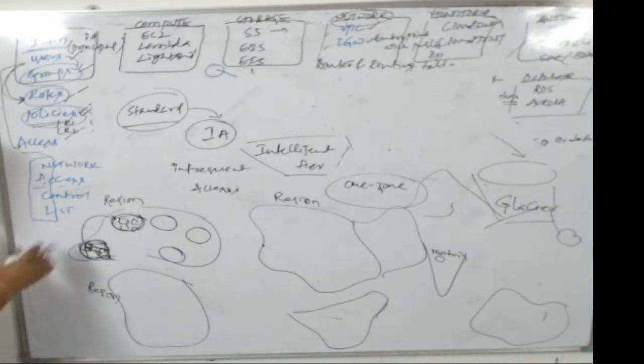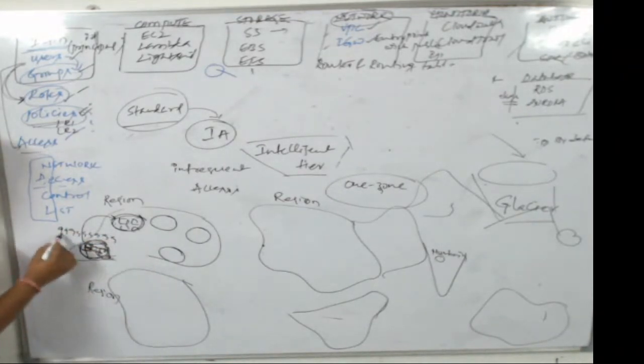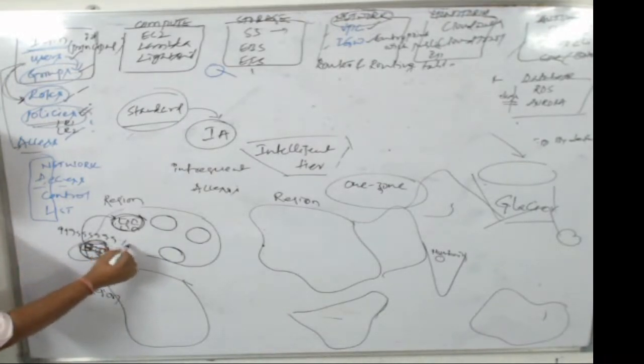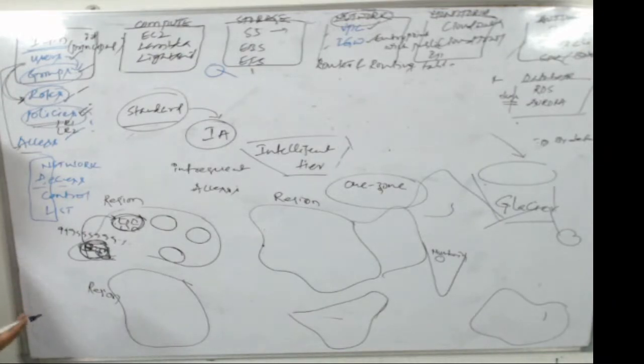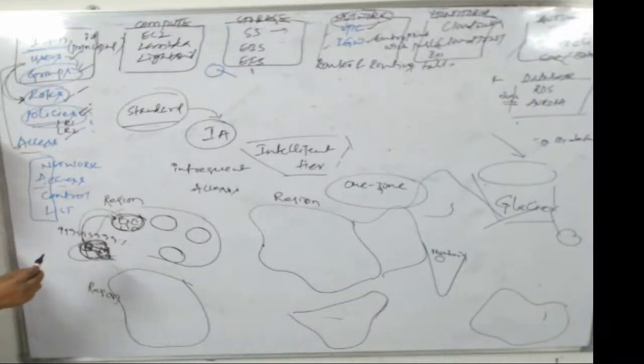That's how AWS guarantees that you have 9 nines durability. 1 2 3 4 5 6 7 8 9. This is the percentage of durability. Durability means there is no chance that your data will be lost. The way they ensure it is your data is stored in one data center within that availability zone, in another data center, and also in other availability zones.